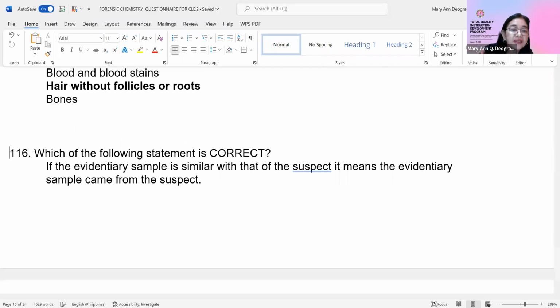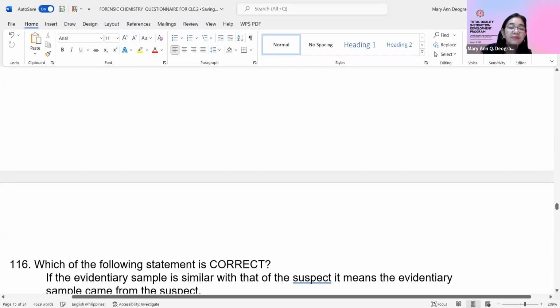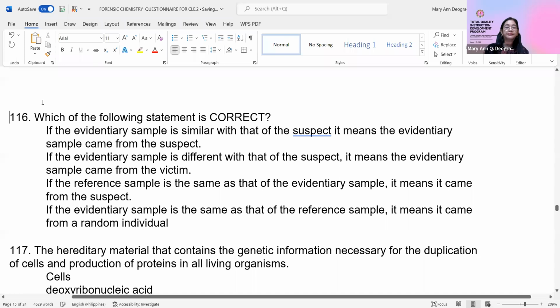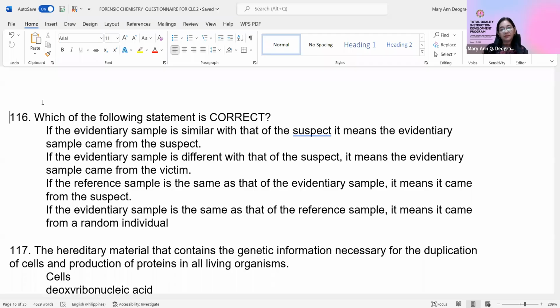Teka, iyan natin. Pagsamasamahin natin para makita nyo. O, kayo na magbasa. Which is the best correct answer there? A, yes.